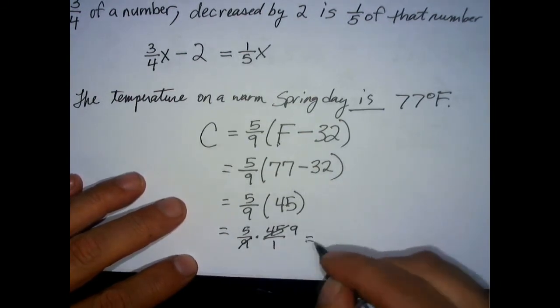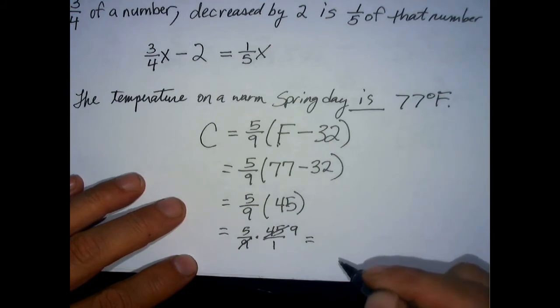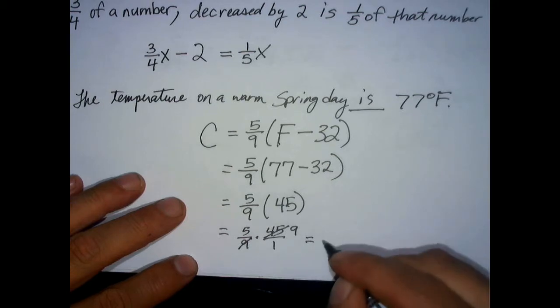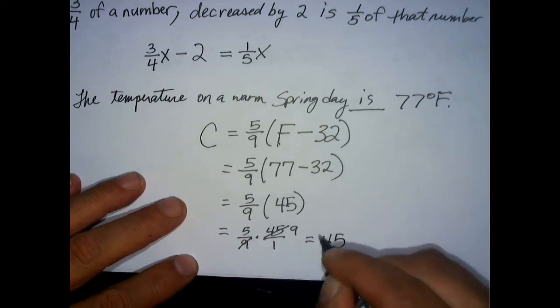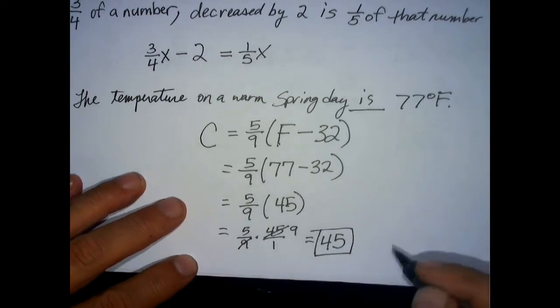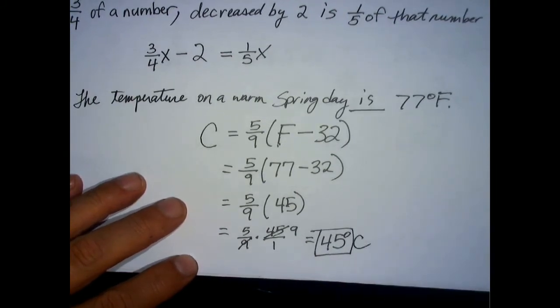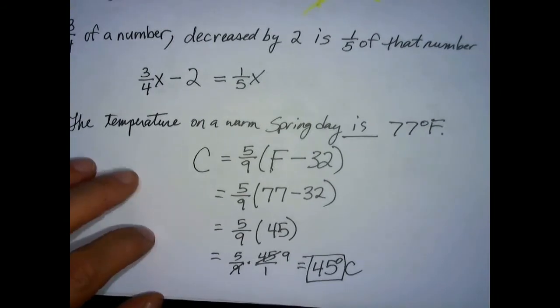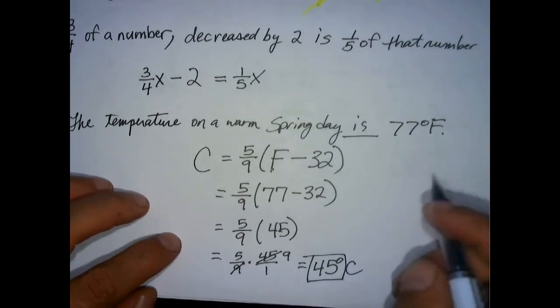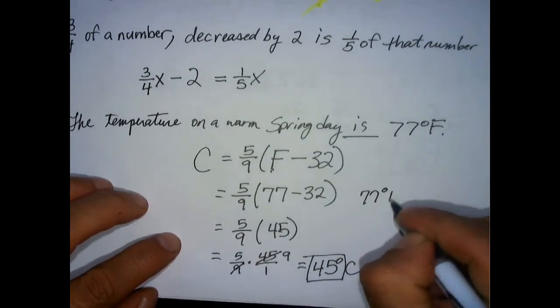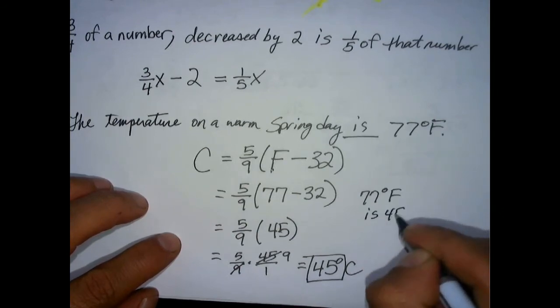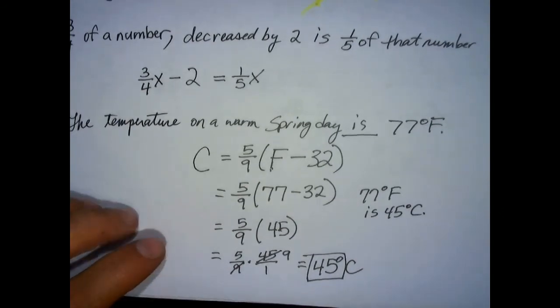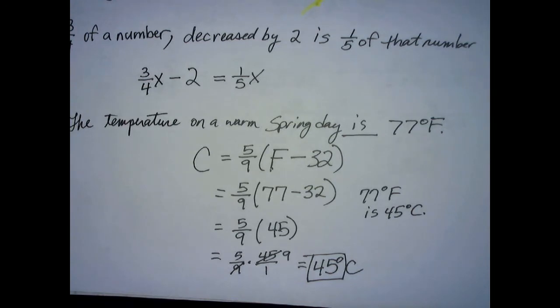And what's left? 5 times 9 over 9, which is 45. 45 degrees Celsius. Okay. So 77 degrees is 45 degrees Celsius. Okay. And I think that's what we got for today's lecture.